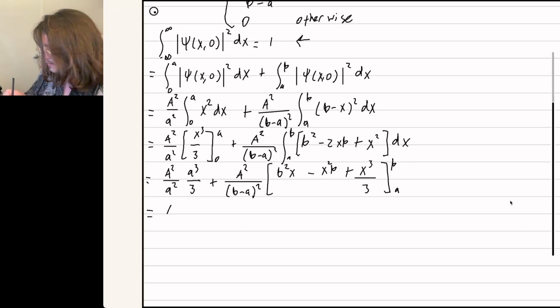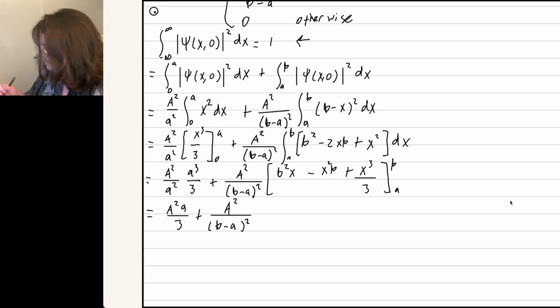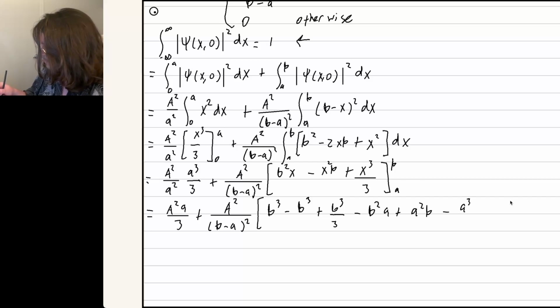Simplifying the left side, a squared will cancel out a squared. You're just going to have capital A squared times a over 3. For the second term, evaluate the integral at the bounds: b cubed minus b cubed plus b cubed over 3, minus b squared a plus a squared b minus a cubed over 3.